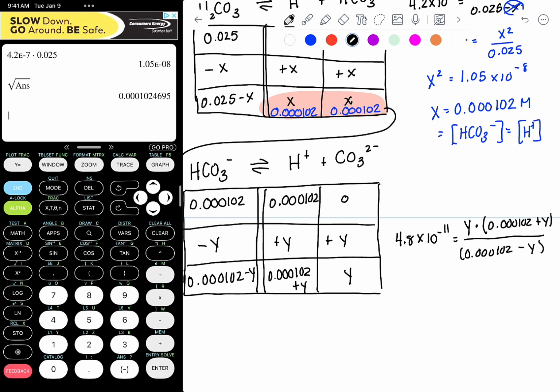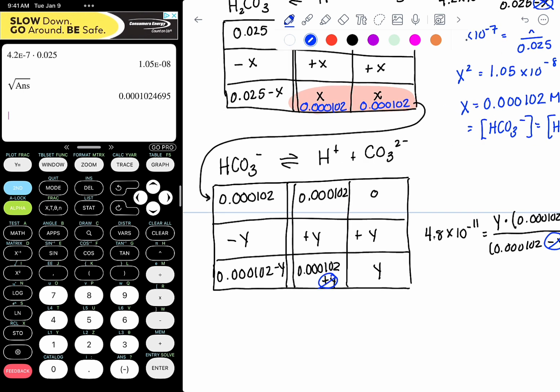Our Ka is small again, so we can see this y is negligible and this y is negligible. Again, any changes in y we can see as negligible if Ka is small.